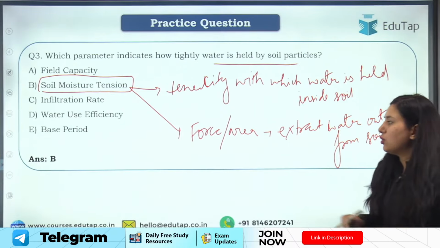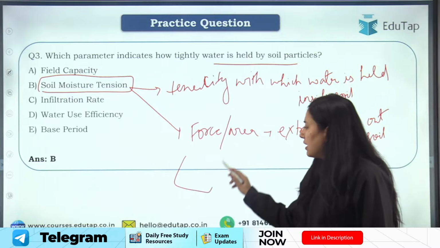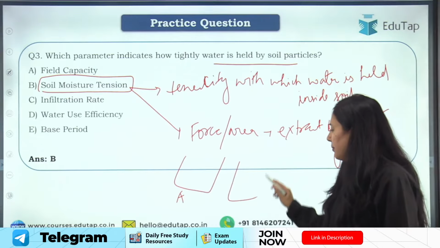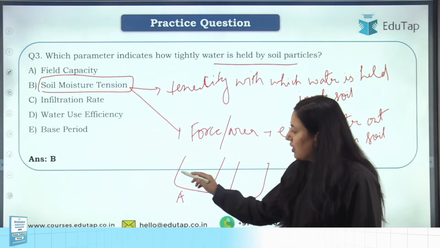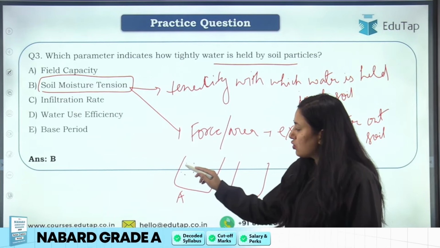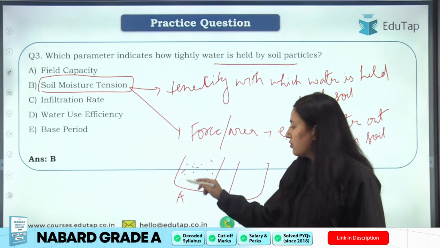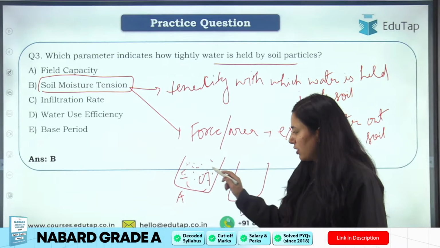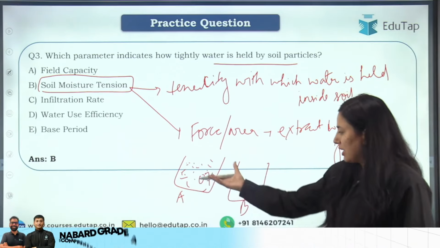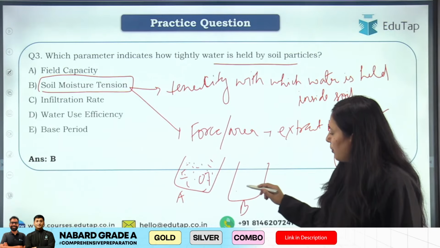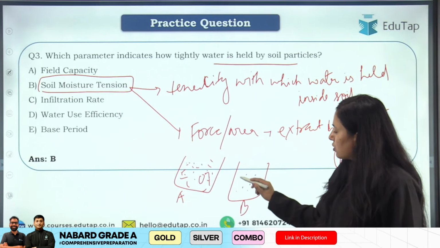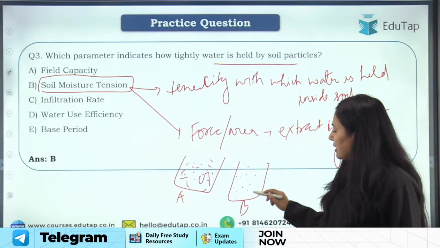Okay, so if we have two scenarios A and B: in case of A, all soil pores are filled with water, which is the saturation condition, and in case of B, only a few pores of soil are filled with water.